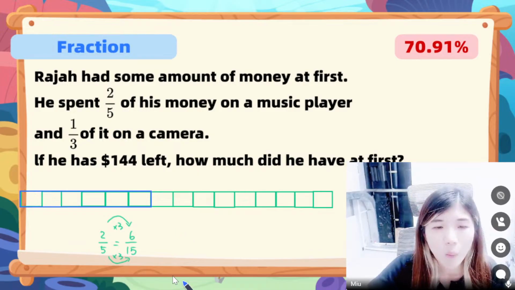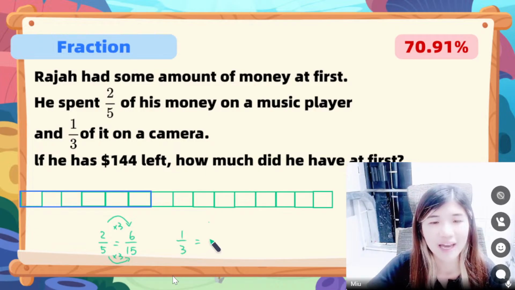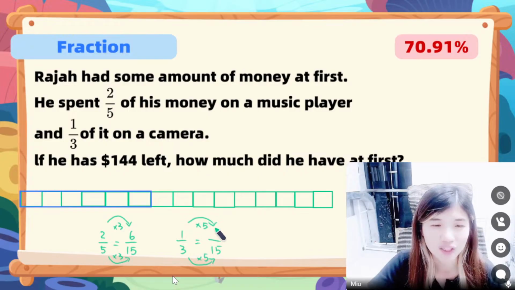And what about 1 over 3 on a camera, which is supposed to be what? The equivalent fraction. Yeah, what are they? Which is supposed to be times 5. So this part is supposed to be times 5 also. That would go to 5 over 15.